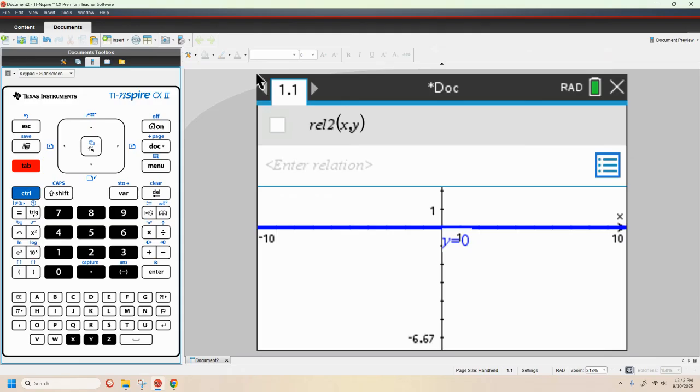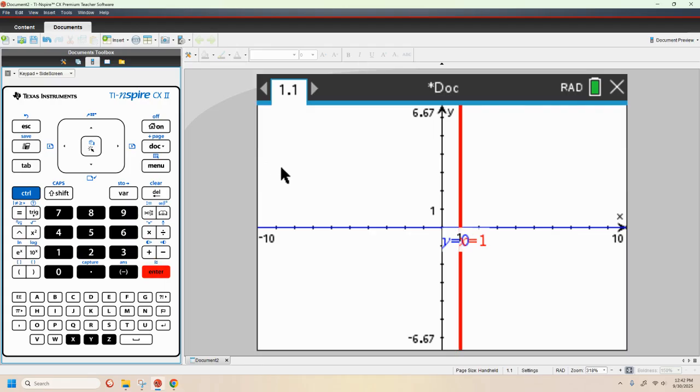And now I'm going to type x equals, whoops, I'm not in. Sorry, there we go. x equals 1. And so first thing you should notice, is it horizontal or vertical? Vertical. And where is it crossing the x-axis? At 1.